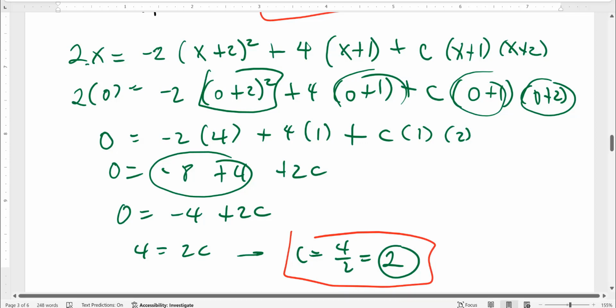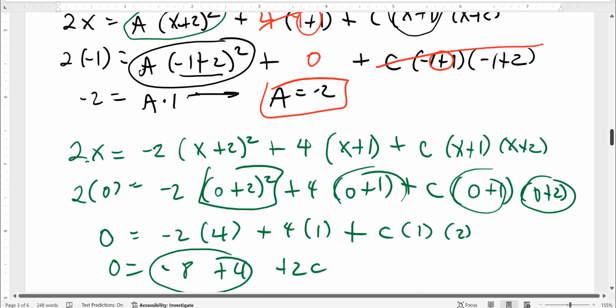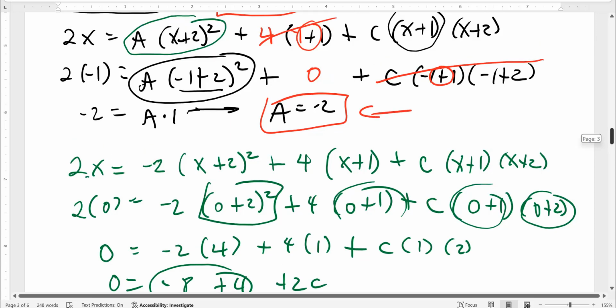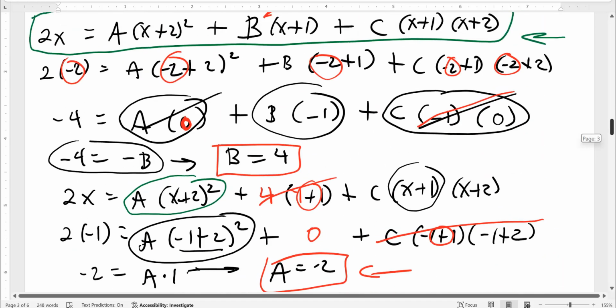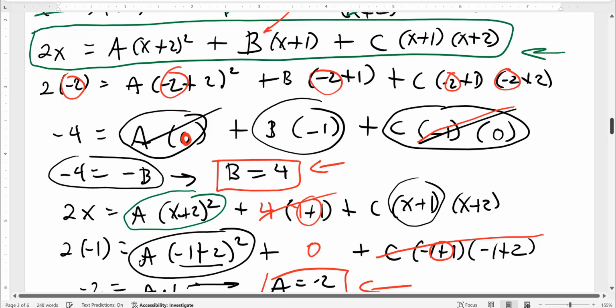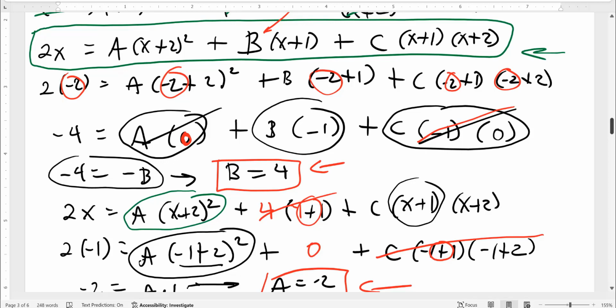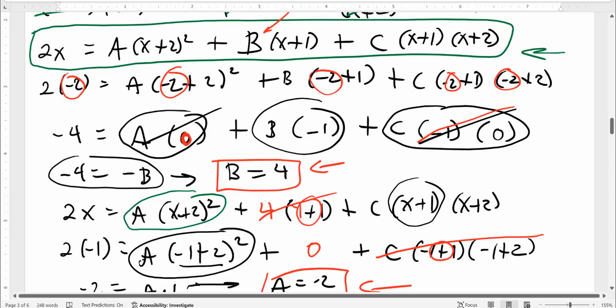So what do we have? We have 2 for c. We have negative 2 for a. And we have 4 for b. So now we go back to our very original line.